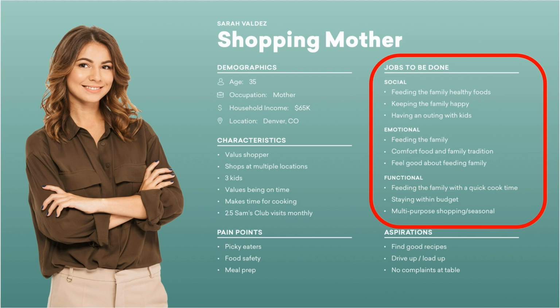But I find personas, if we just do what I just described, that's pretty standard for personas, that they kind of fall flat if that's all we do. In the last episode, I described the jobs to be done tool, and applying jobs to be done to personas moves them from a representation of a customer to really adding clarity about the customer segment that we're serving, right?